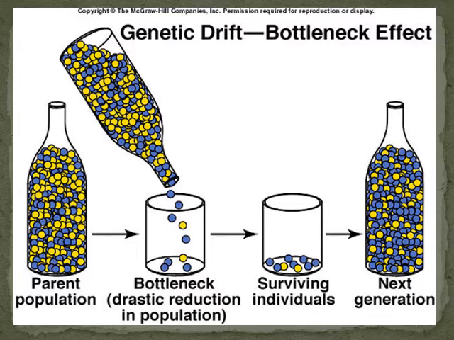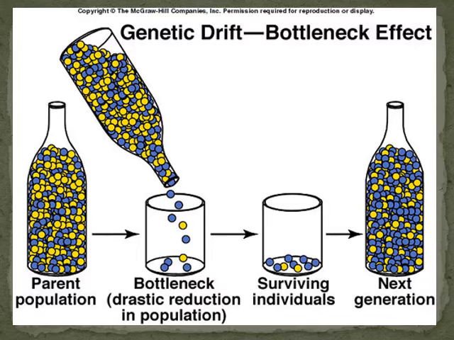Now, that doesn't mean that the blue were better at surviving the tsunami and the yellow were less better. It was down to pure random luck that whoever made it through and whoever survived the tsunami, it happened to be more of the blue than it was the yellow. And the next generation, they reproduce, and you can see the contents of the bottle. There are a lot more blue than there are yellow.